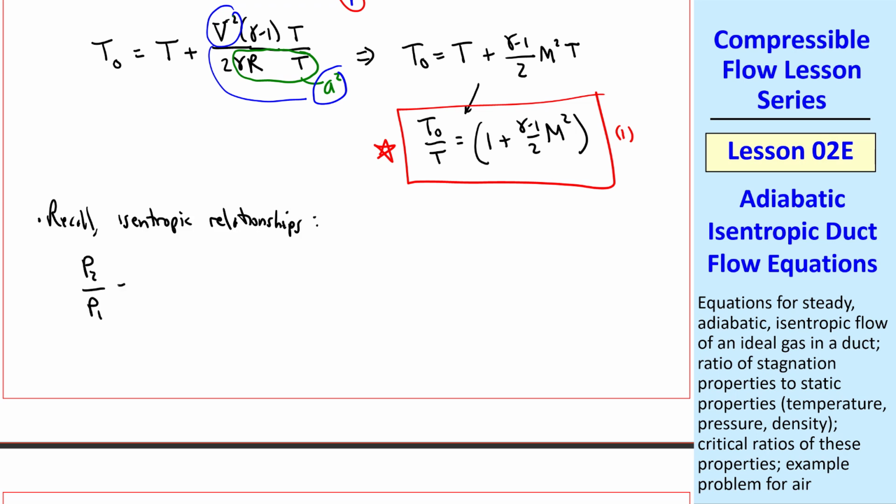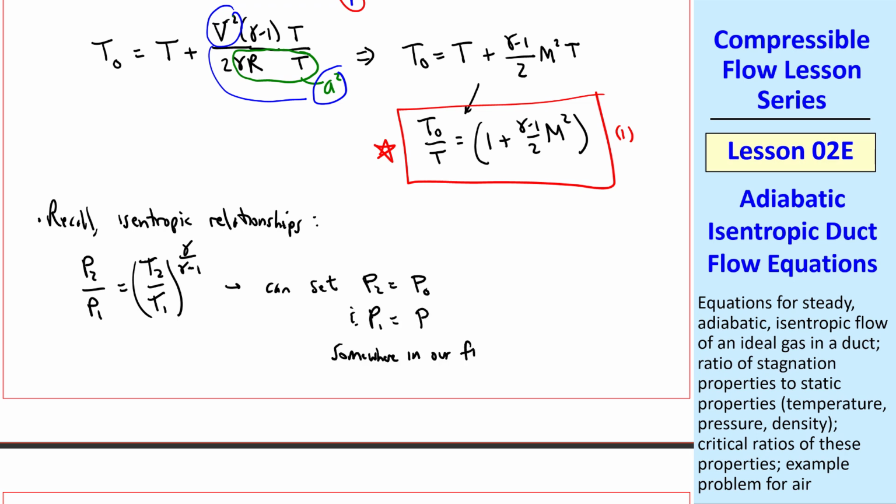For example, P2 over P1 is T2 over T1 to the gamma over gamma minus 1, and we can set P2 to be P0, the stagnation pressure, and we'll set P1 equal to P somewhere in our flow. Thus, P0 over P is equal to T0 over T, since we'll do the same thing with temperatures, raised to the same exponent we had over here.